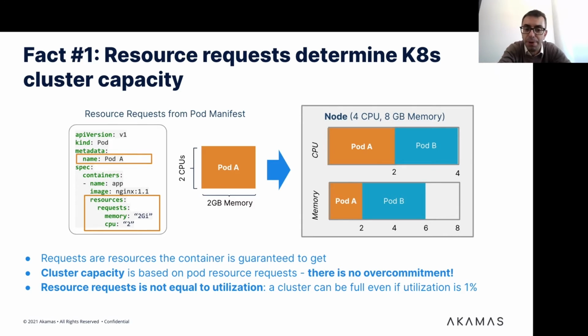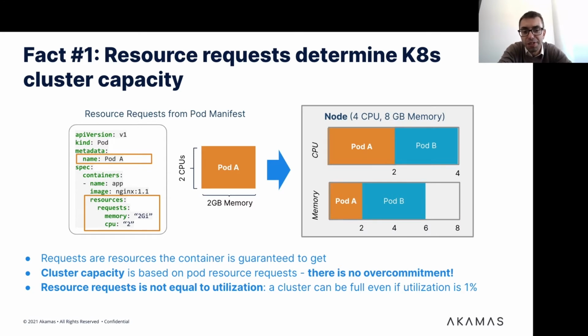In the example, pod A requires 2 CPU and is scheduled on a 4 CPU node. When a new pod B of the same size is created, it can also be scheduled on the same node. This node now has all of the 4 CPUs requested. If a pod C is created, Kubernetes won't schedule it on this node, as its CPU capacity is full.